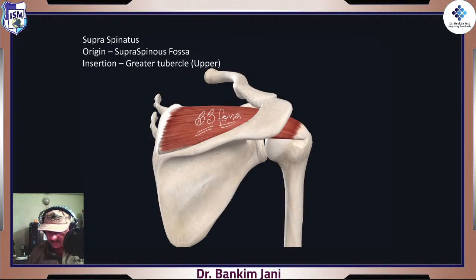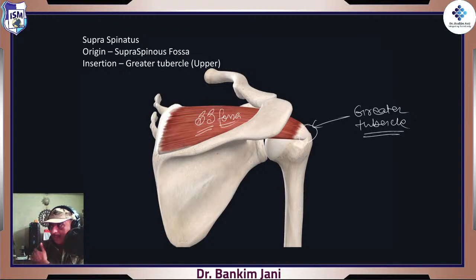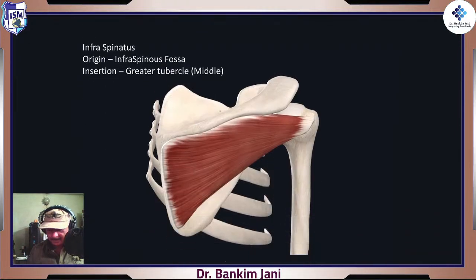And insertion is at the greater tubercle. This greater tubercle is the point which we have felt. This is the lateral most bony prominence, that is what we really feel. So this is easy, supraspinatus.